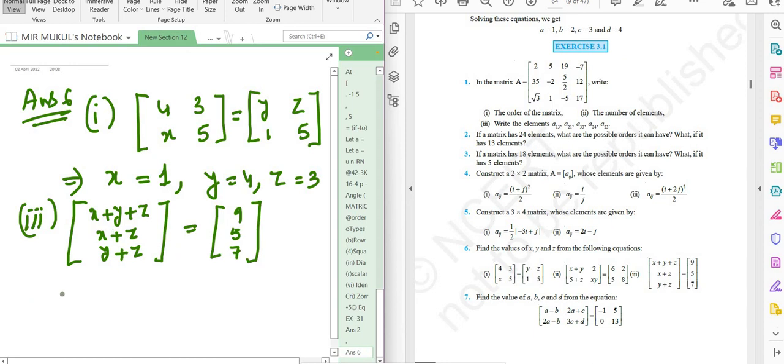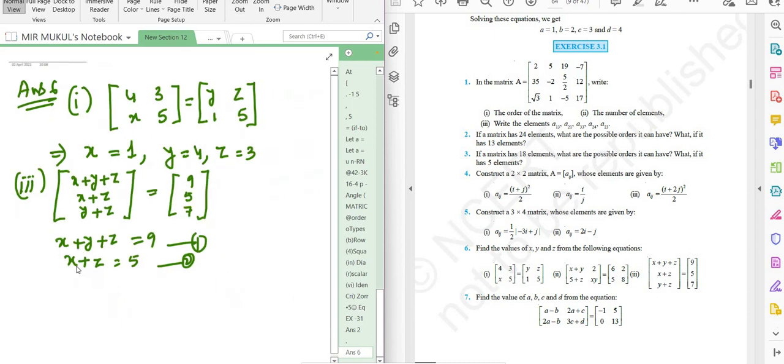Now compare both sides. We get x plus y plus z equals 9, this is equation number 1. Then x plus z equals 5, equation number 2. Then y plus z equals 7, equation number 3.